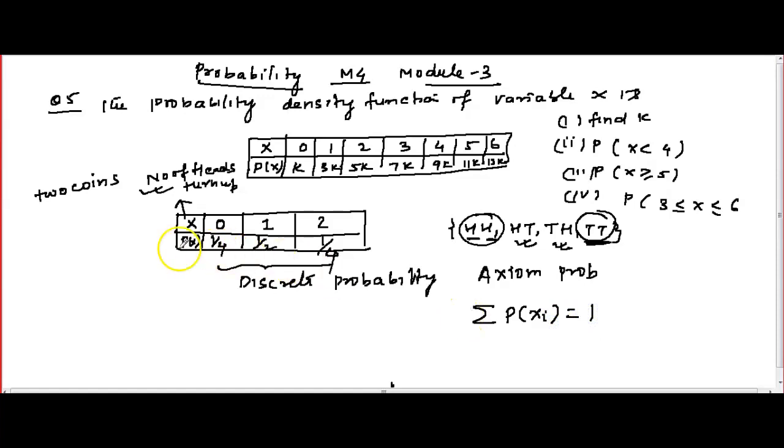Whatever p of x you get here, if you add them, 1 by 4 plus 1 by 2 plus 1 by 4, you get 1 only, meaning the sum of all probabilities is equal to 1.